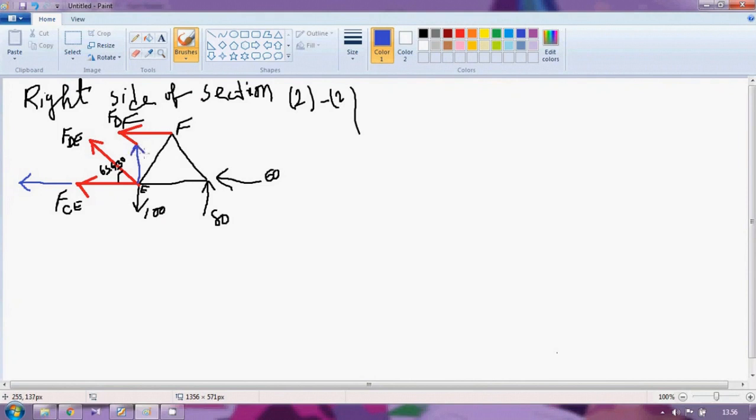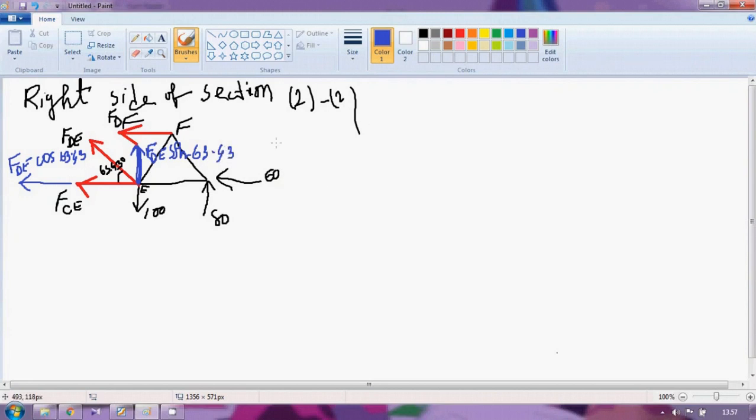This is FDE cos 63.43, and this force is FDE sin 63.43.